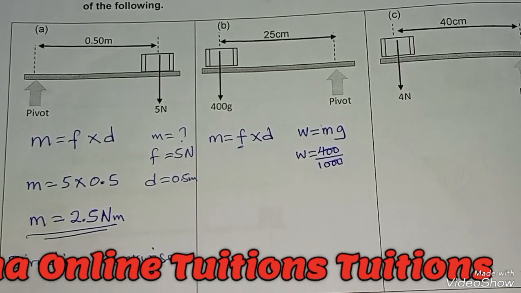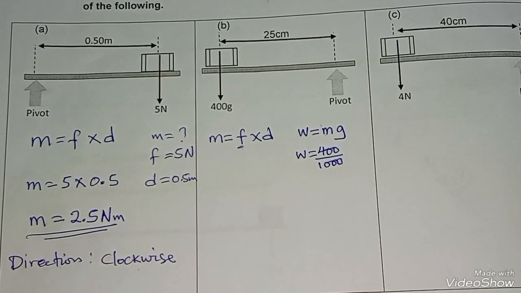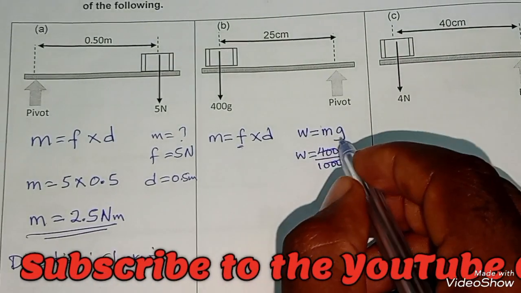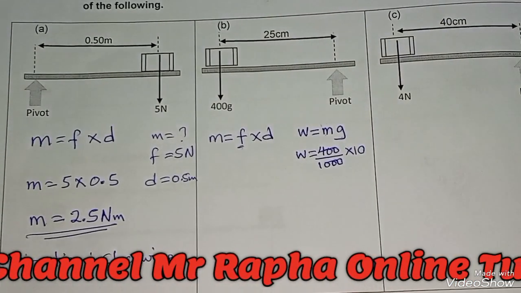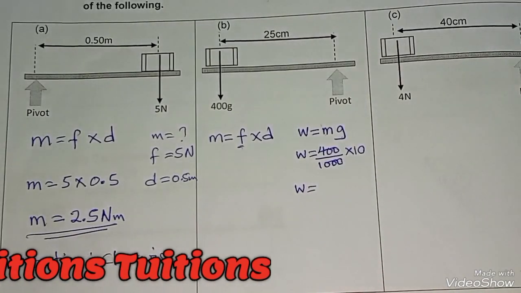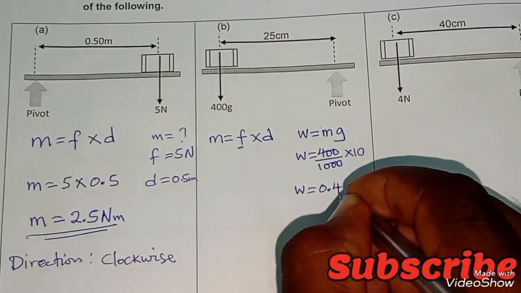Why 1000? The reason I'm dividing by 1000 is that I'm converting from grams to kilograms. Then times gravity, which is 10. 400 divided by 1000 gives me 0.4.